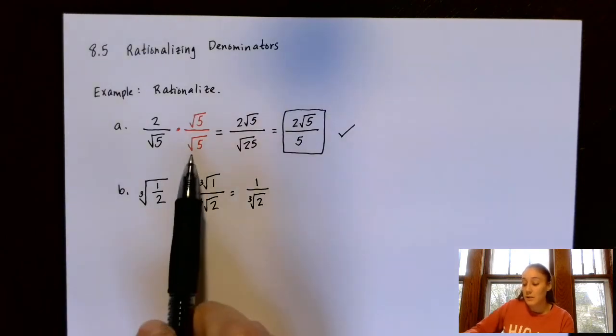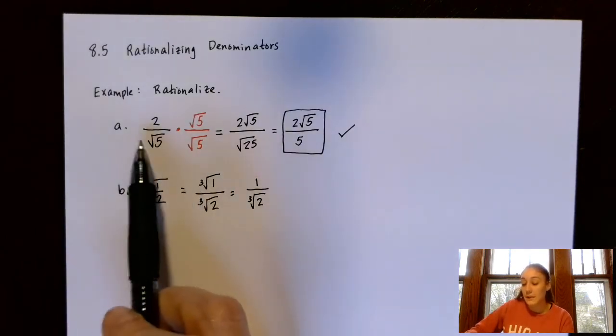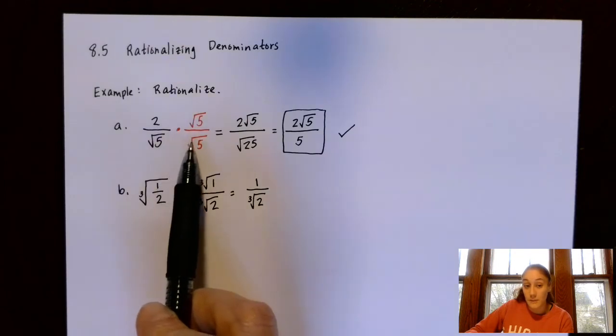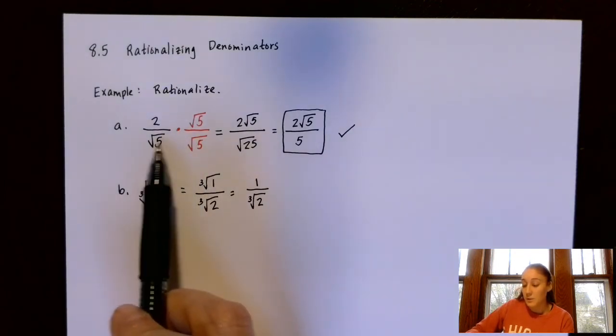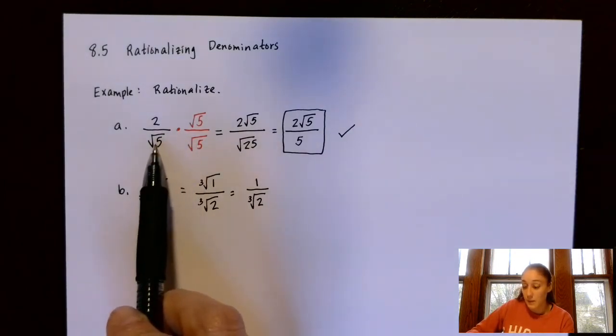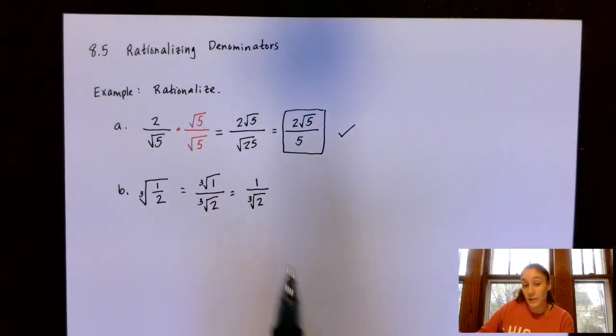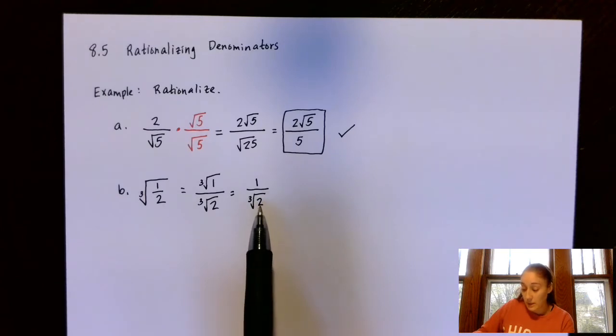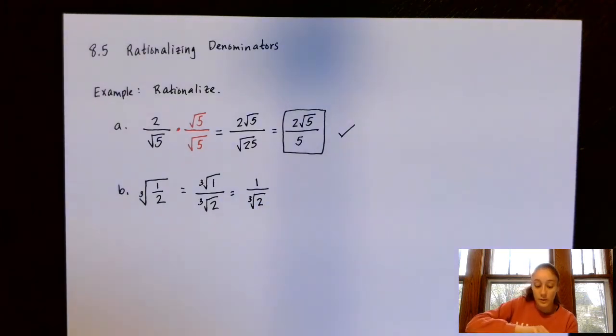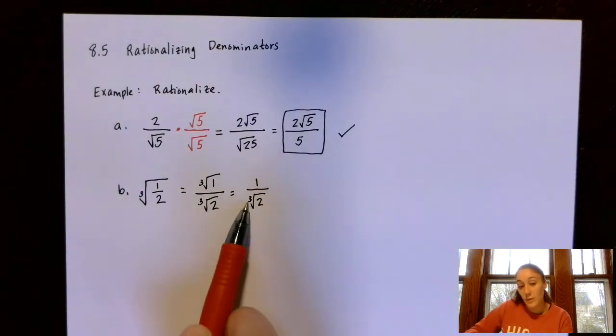If you look at the top, the shortcut there was to multiply by whatever's in the denominator. But that's because we needed 2 of the same thing, because that was a square root. This is a cube root, so we need 3 of something. I can't break down 2 any further, so all I have is one 2, but I need a group of 3.